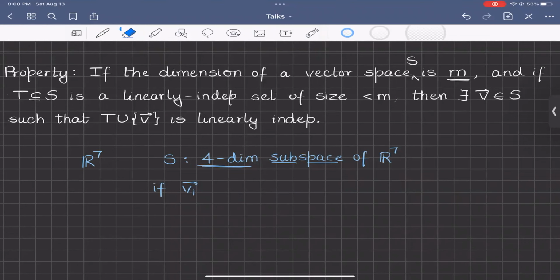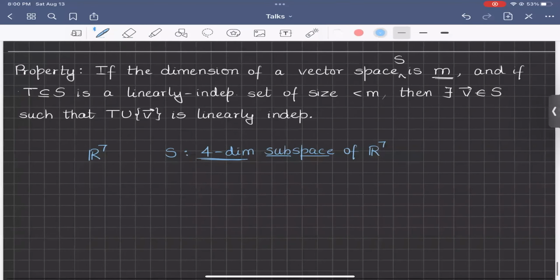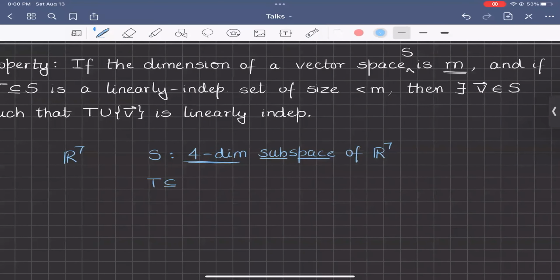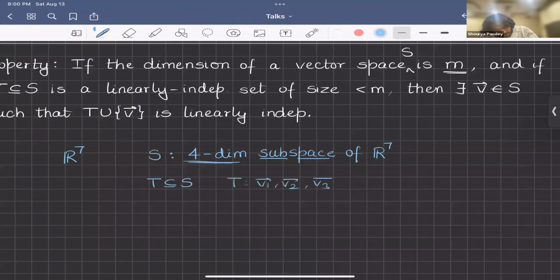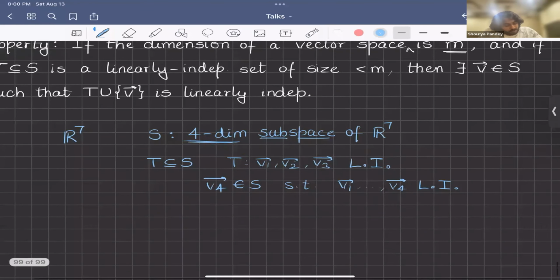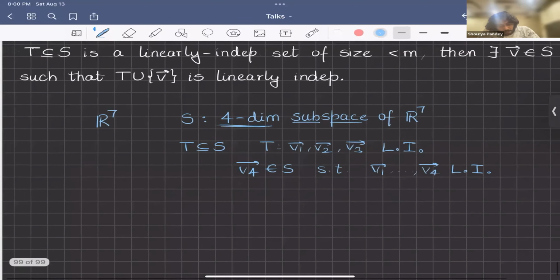So we can always add one more dimension. Exactly, you're right. So if I have a subset T with just 3 linearly independent vectors, then I can always find another vector in S such that these 4 vectors are linearly independent.